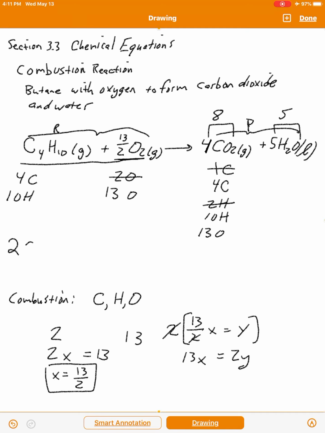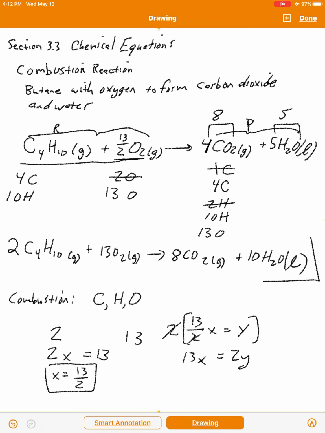And you would get 2 butanes plus 13 oxygens gives you 8 carbon dioxides and 10 waters. Okay? That gets rid of the fraction.